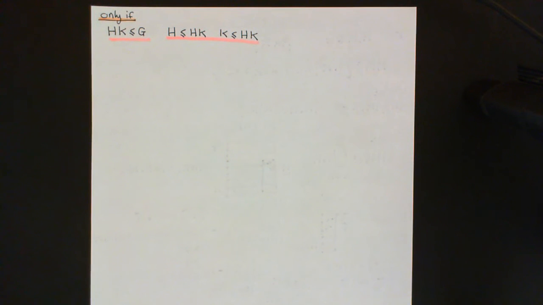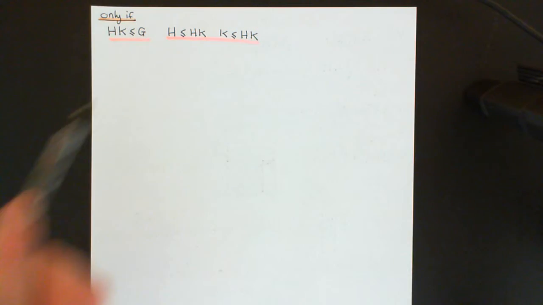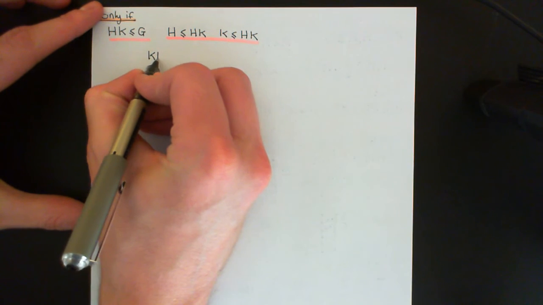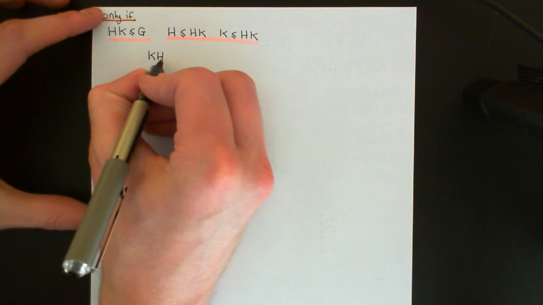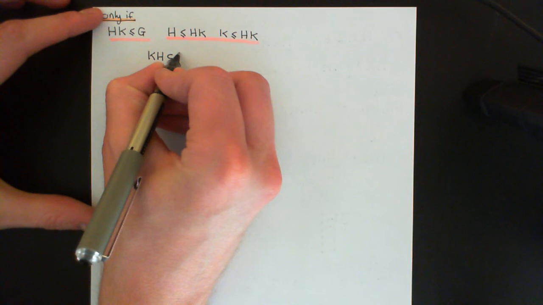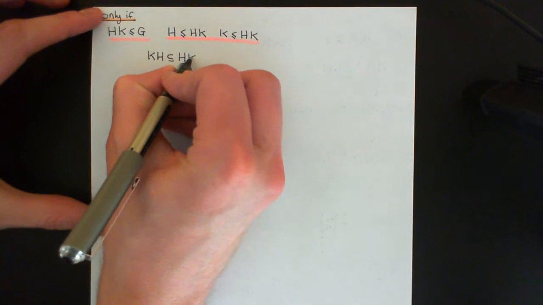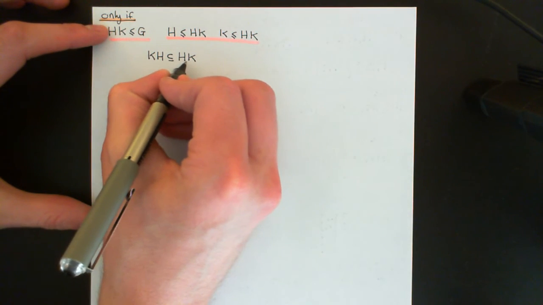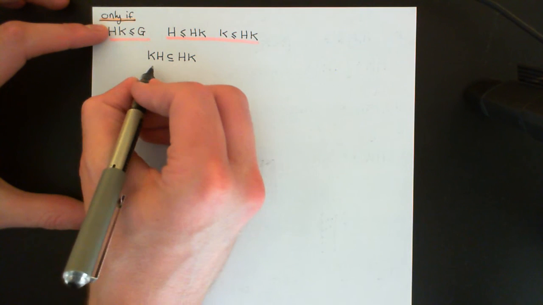Now if both of these are contained within there, then I claim that I can instantly conclude that the product of K with H is going to be a subset of the product of H with K. Now why can I conclude that? Well, because this is a subgroup, so it's going to be closed under composition.